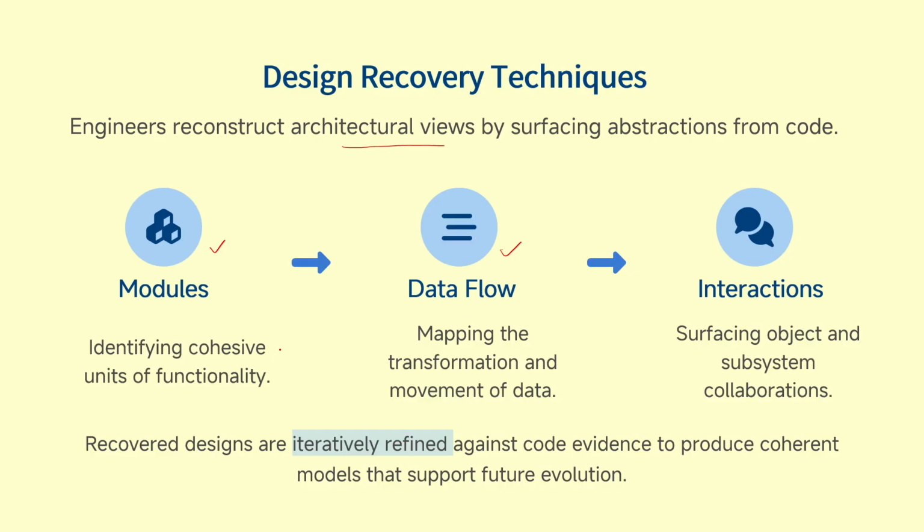And next is the interactions. So within the module we will be trying to identify the cohesive units of functionality. So we have already understood in the prior classes that in a software design a module should be highly cohesive, meaning it should be very much related to one single module.